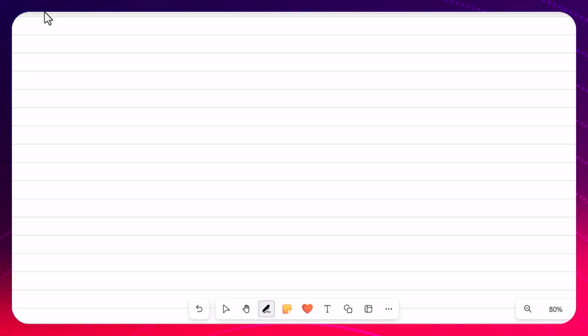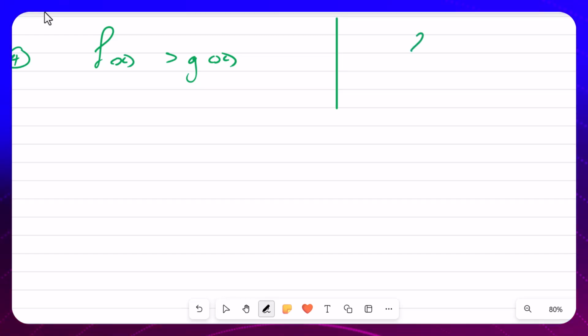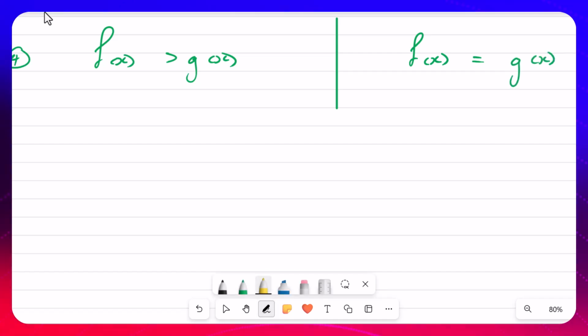So for the last part, which is going to be 3/4, f of x is going to be greater than g of x. And with that, I also mix this in with f of x being equal to g of x. So for the first part, we are now working with a comparison between 2 graphs.